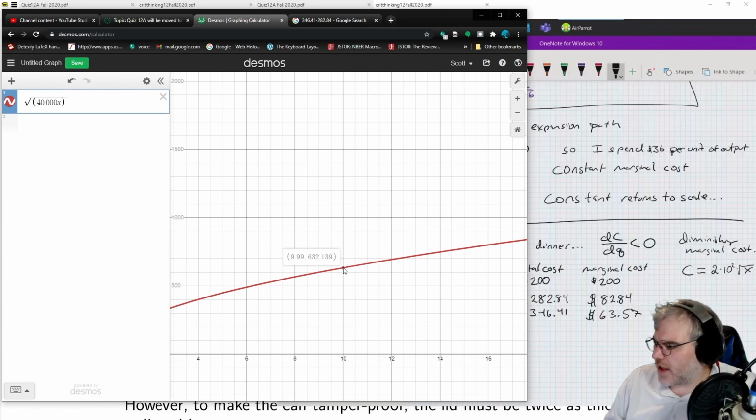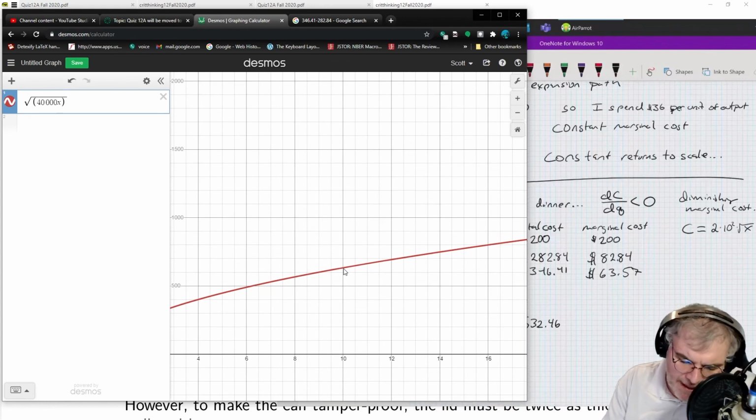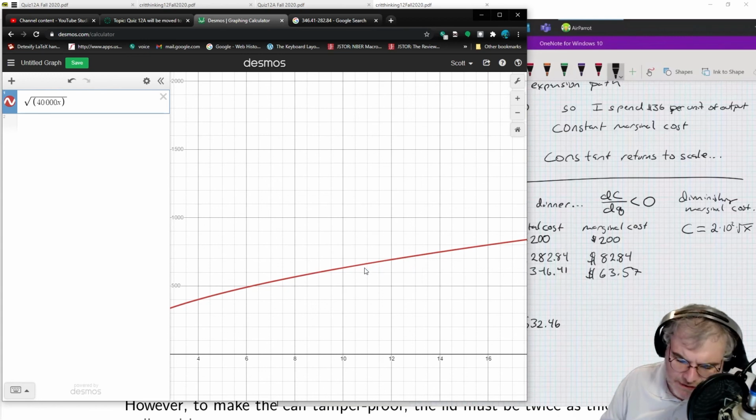All right, so $632 and 46 cents. I'm not going to work out what the marginal is, well, I can. But now the 11th person. The 11th person is right here. For 11 people, it only costs $663.32.